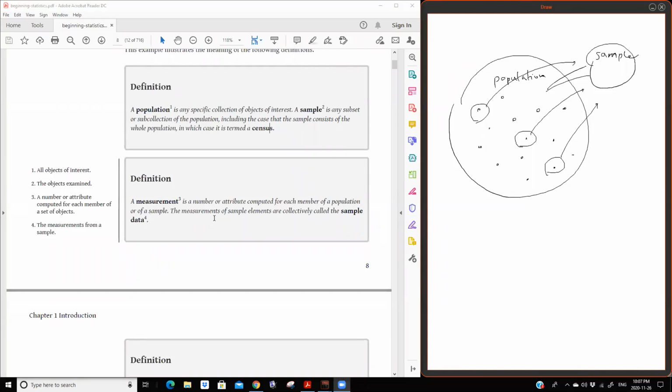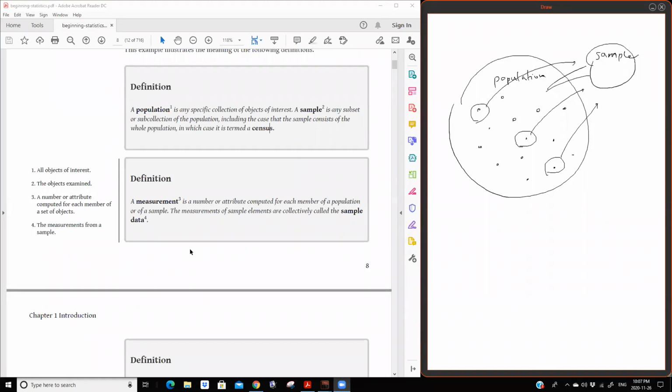What is a measurement? A measurement is a number or attribute computed for each member of the population or sample. The measurements of sample elements are collectively called the sample data. Each individual that is inside your population, you may be interested in some specific feature. For example, you may be interested in the height of students, or the grade point average, GPA, of the students.